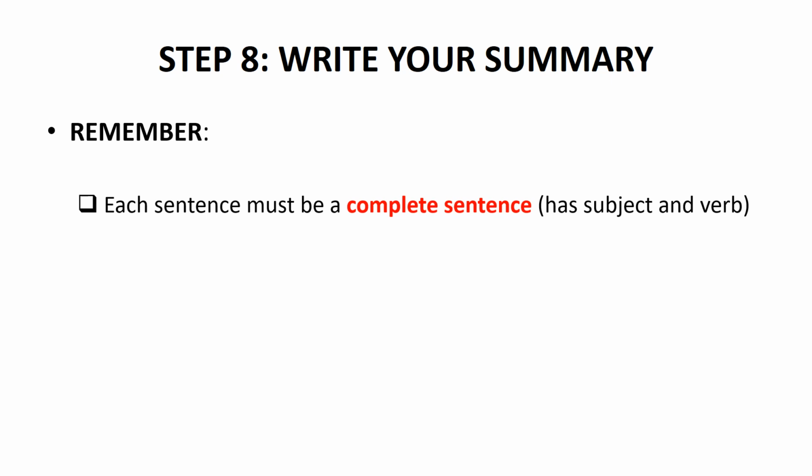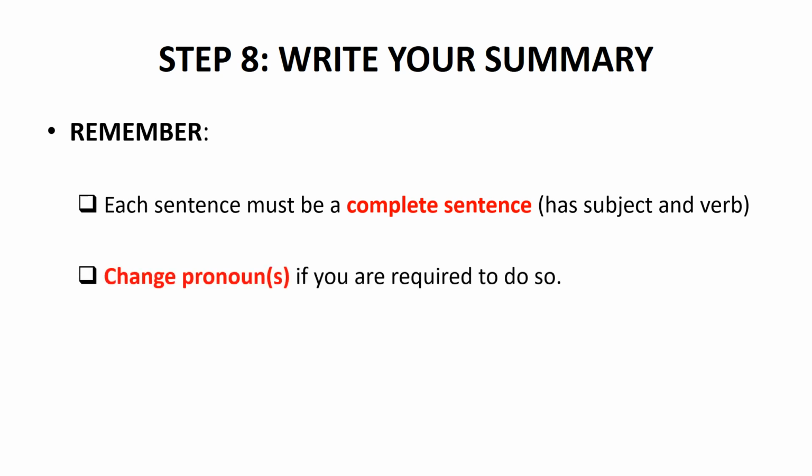If your sentence starts only with a verb, then that sentence is incomplete and your content point is not awarded any mark. So you must always write complete sentences. And the second one you need to remember is to change pronouns if you are required to do so.